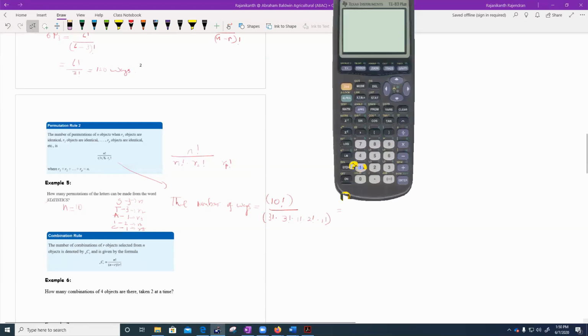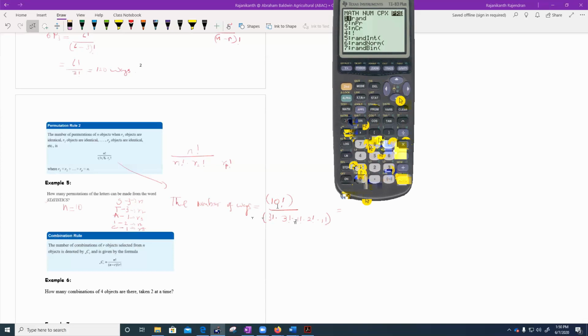I am first putting the parentheses and typing 10 factorial. Closing the parentheses, then I'm dividing and opening the parentheses for the denominator, and I'm going to type this all. So 3 factorial, 3 factorial.